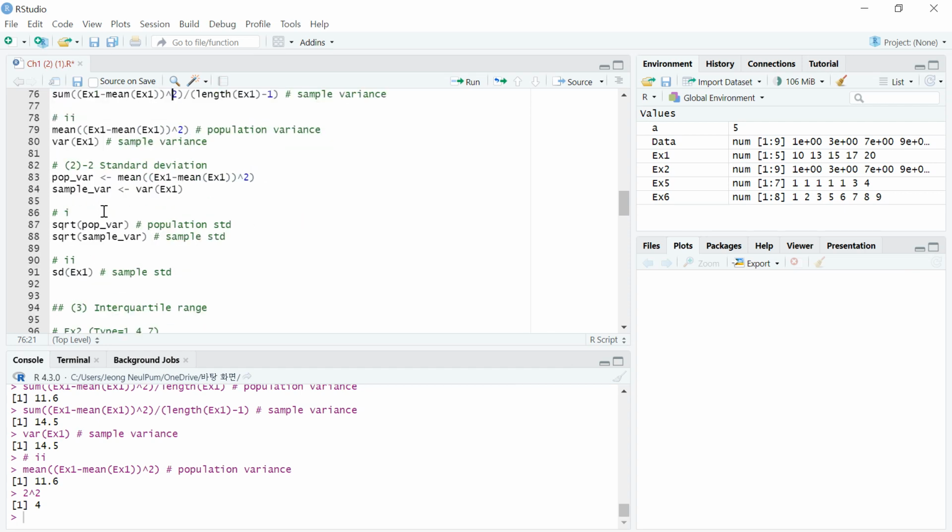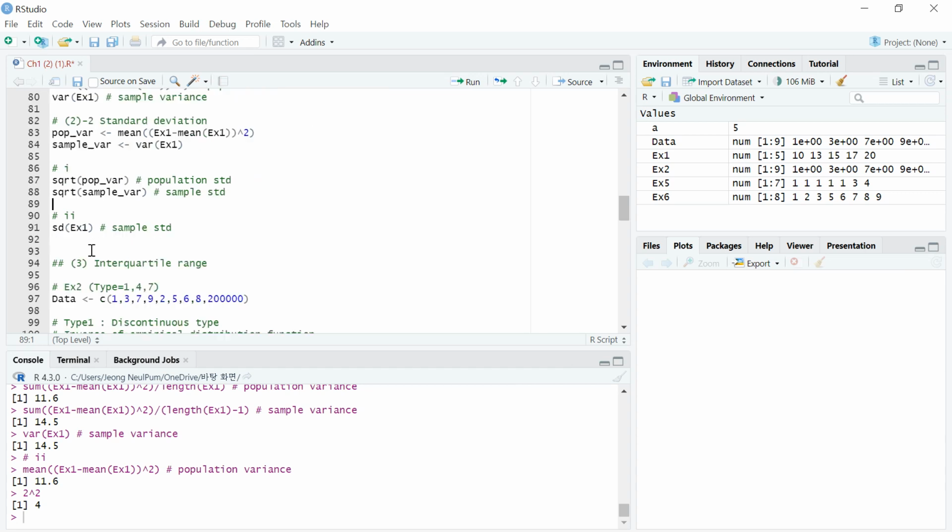And because we are dealing with a standard deviation, what you have to do is just get the square root value of our variance. So we use the square root function here, which is SQRT.